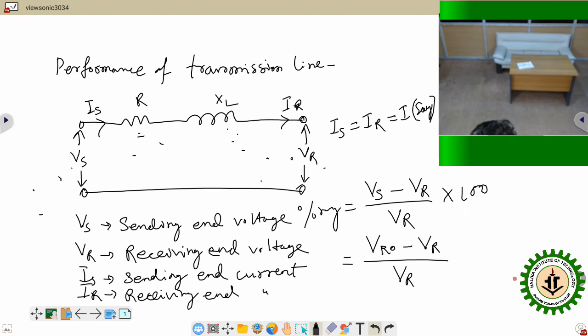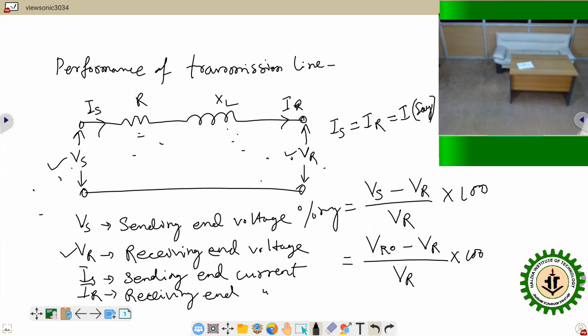Okay. How to get the efficiency from here? If I know Vs is the sending end voltage and Vr is the receiving end voltage, can you identify from here the input power and output power respectively? What is the basic efficiency?